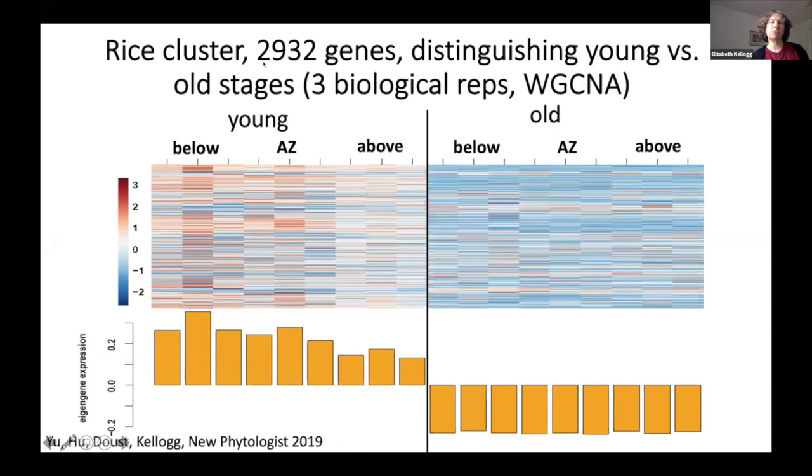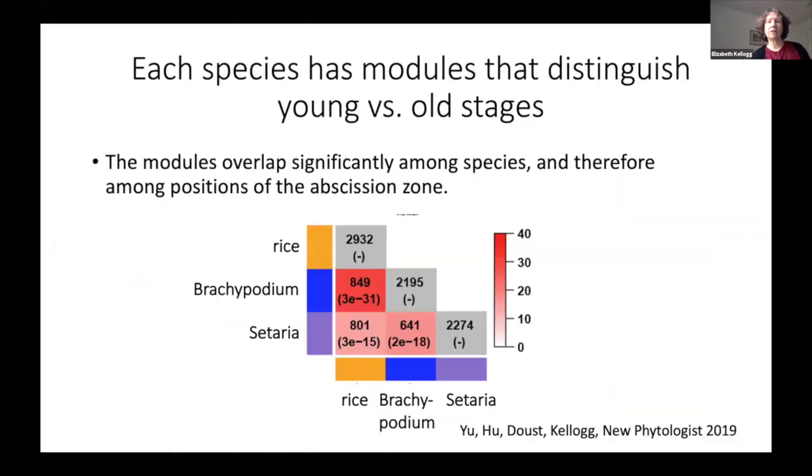And for this particular cluster in rice, there are about 3,000 genes that are clearly distinguishing the young stage from the old stage. They're up at the young stage, they're down at the old stage. And each species has modules that look like that, and they overlap significantly.